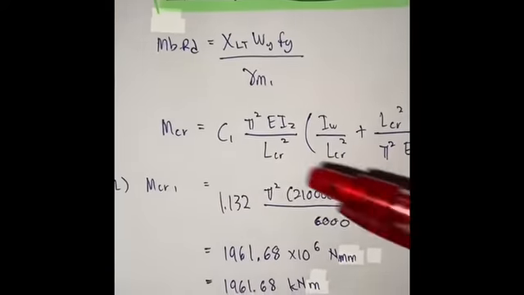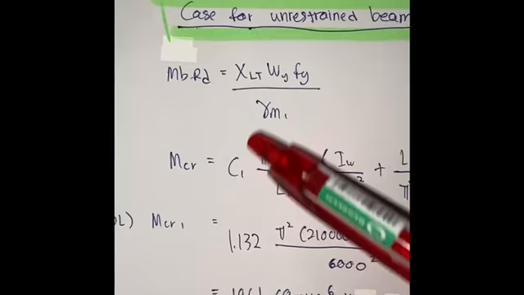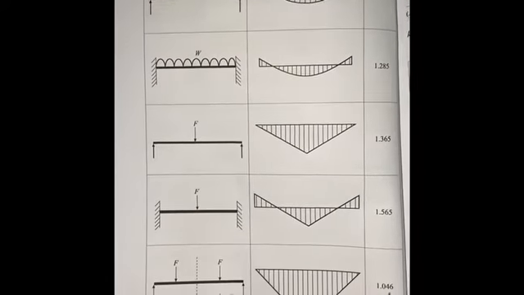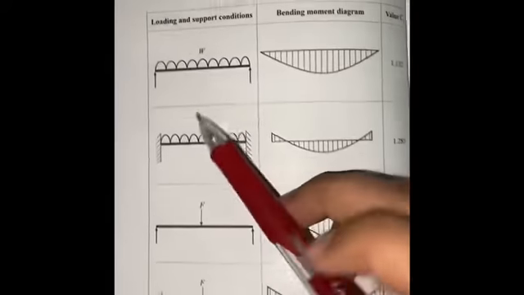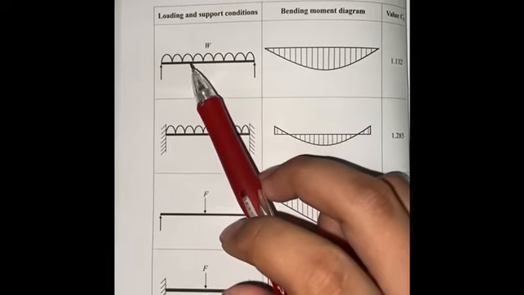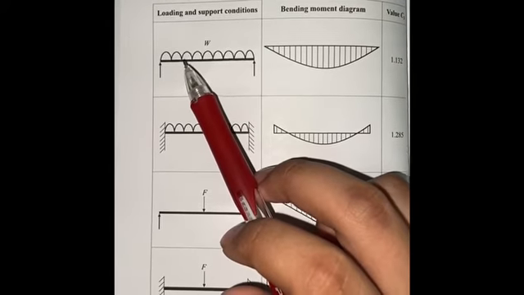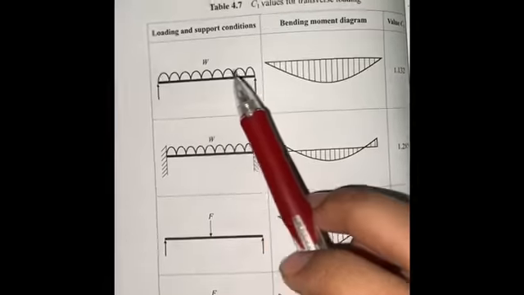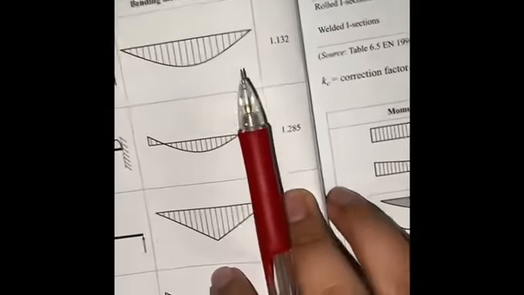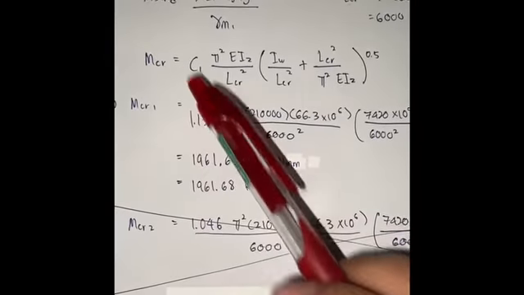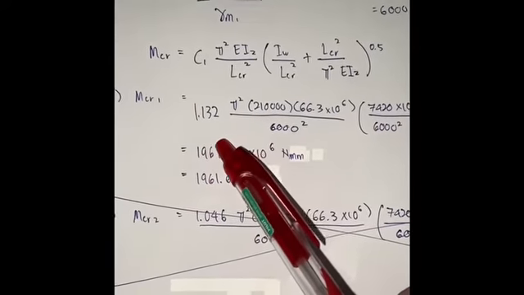Okay, so we first must find the C1. For the C1 factor, we will use the UDL load because our beam was unrestrained to the slab that distributed the UDL load. So we use the C1 factor 1.132.